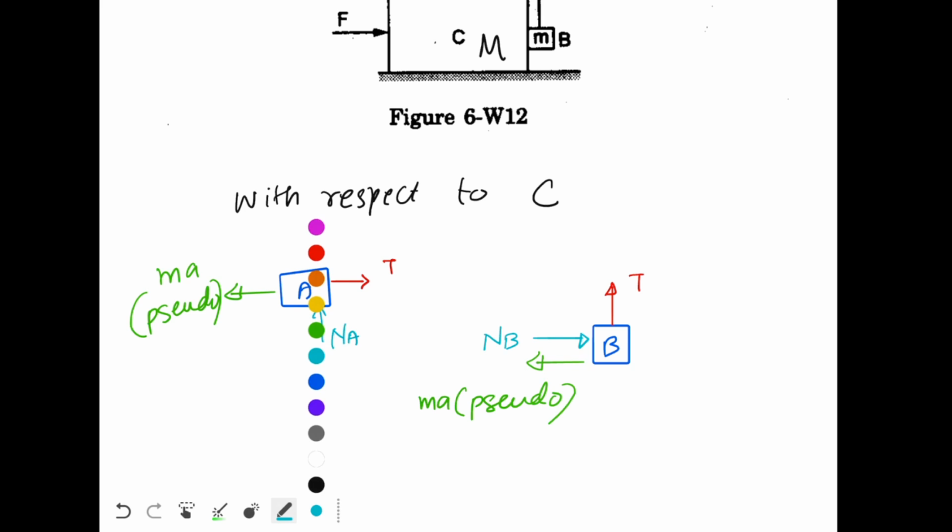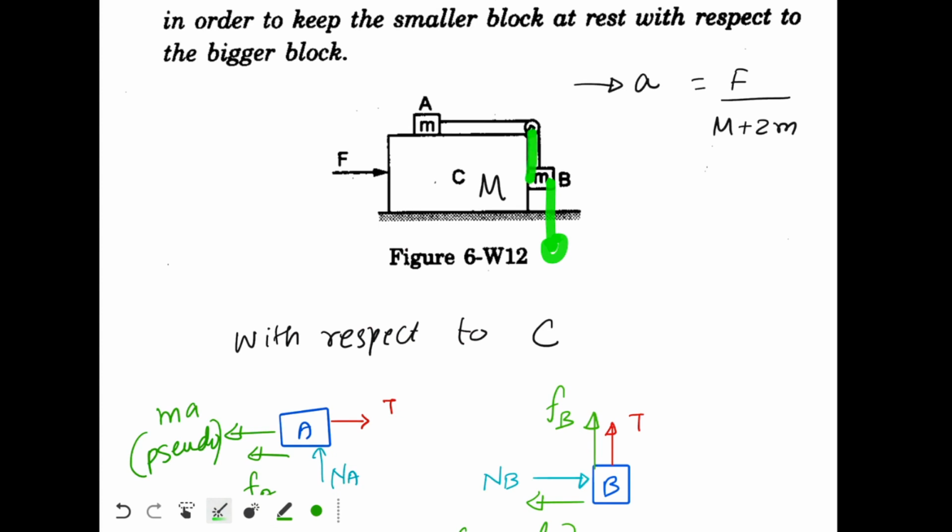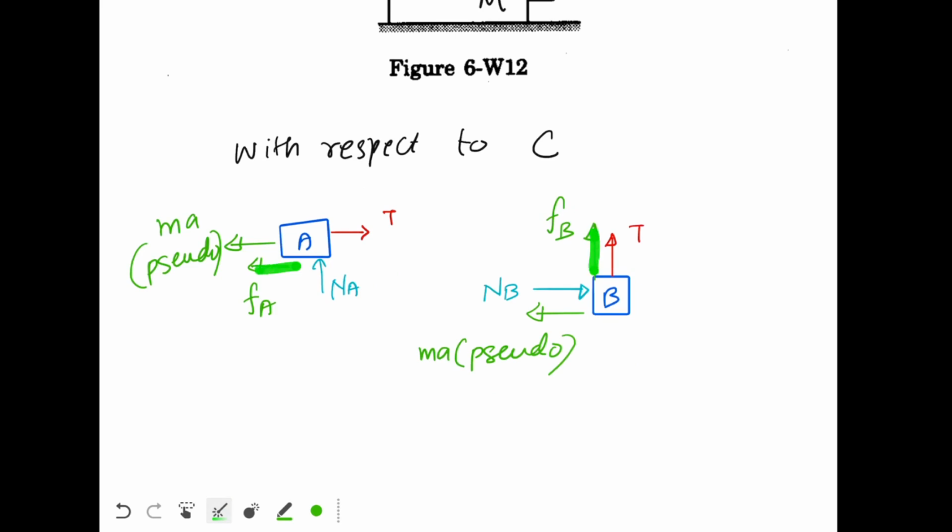And since the block is trying to go down, friction here will act upwards, FB, and here friction will act in backward direction, FA. Correct. Block B is trying to go down, so friction on B is upwards. A will try to go in this direction, so friction on A will be backwards. So these are the directions of frictional forces.